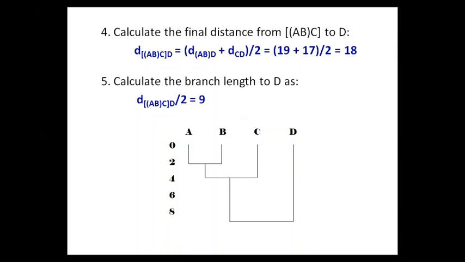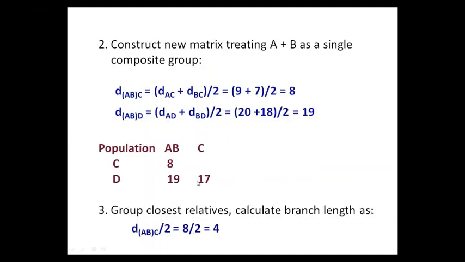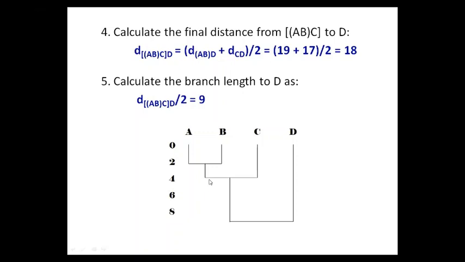This time we'll consider A, B, and C as a single unit. So the distance of ABC from D will be equal to the distance of AB from D plus the distance of C from D, divided by 2. As we have already calculated, that is 19 plus 17 divided by 2, which is equal to 18.